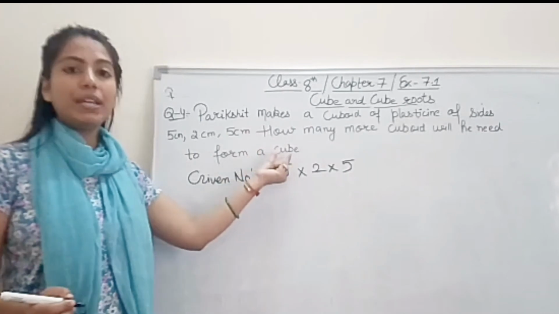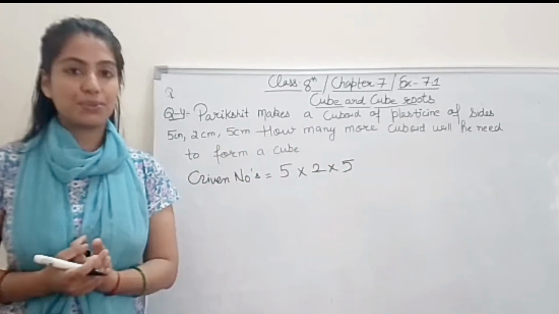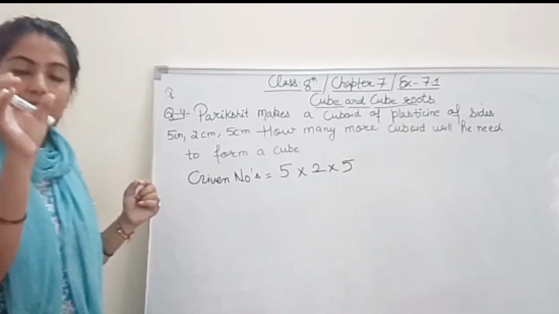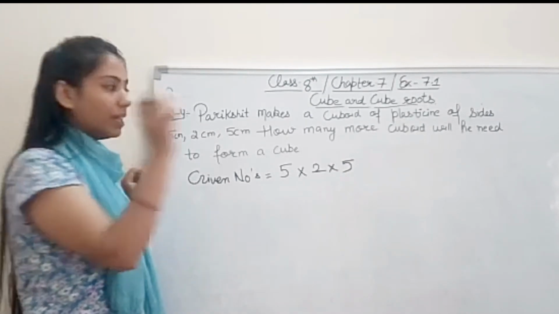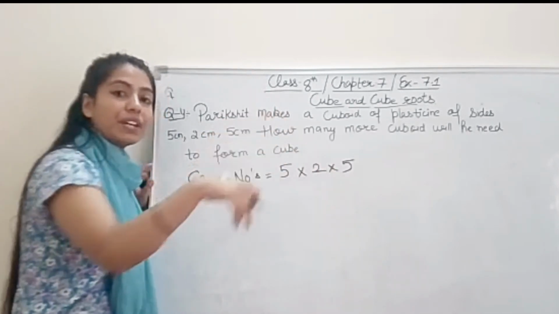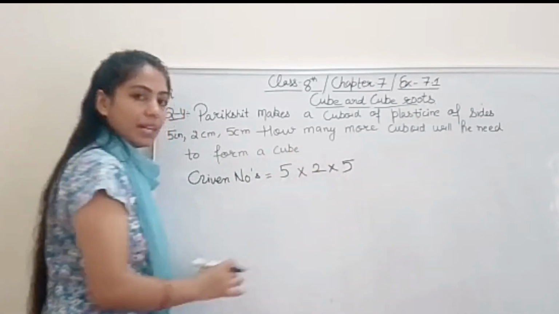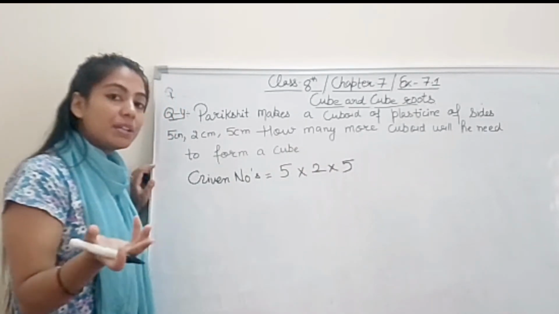If he has to make a perfect cube, or make a cube, then what do we need, student? We need a perfect cube group of every number. If we do the prime factorization, then whatever numbers we get, what more numbers did we need?